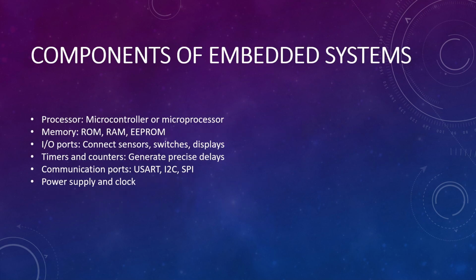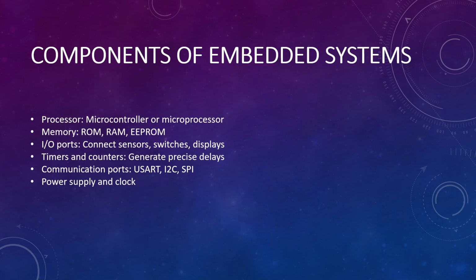So, what are the different components of embedded systems? The first one is the microcontroller or microprocessor. It is the heart of the embedded system.